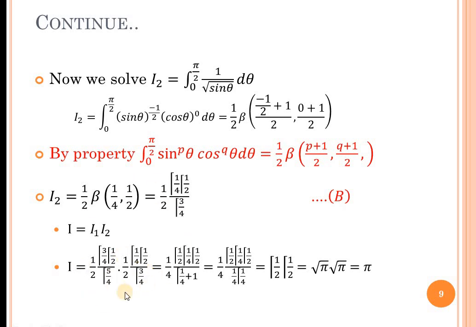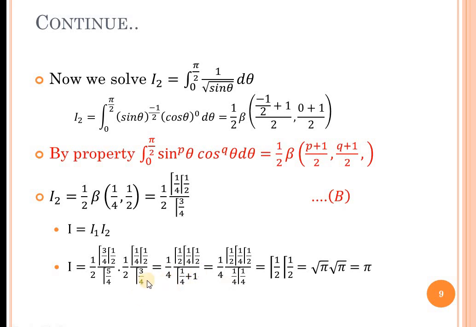If we simplify this, 1 by 2 times 1 by 2 becomes 1 by 4, and gamma 3 by 4 upon gamma 3 by 4 will get cancelled. So what is remaining is 1 by 4 times gamma 1 by 2, gamma 1 by 4 into gamma 1 by 2 upon gamma 5 by 4.